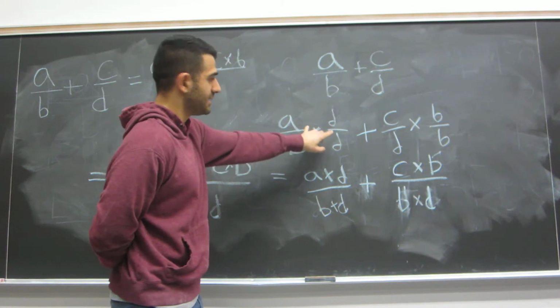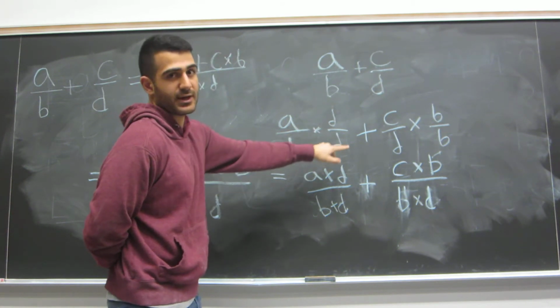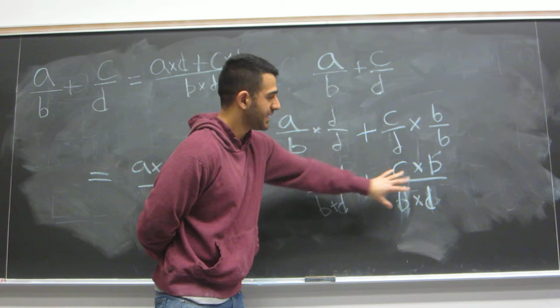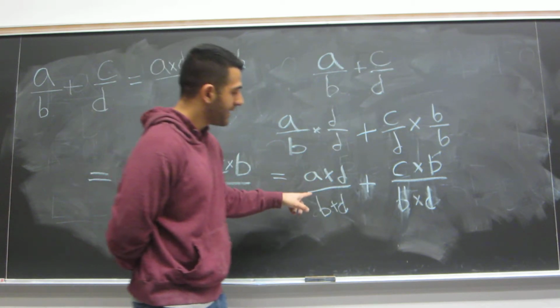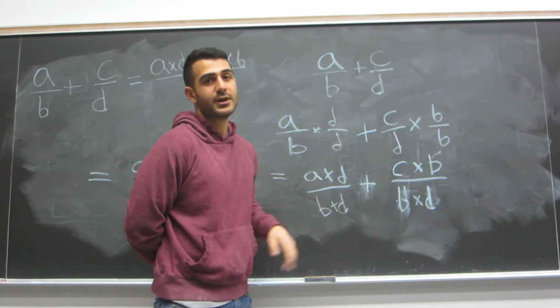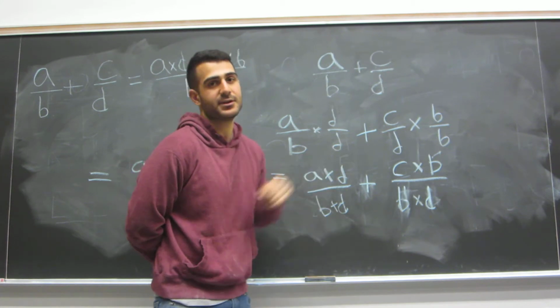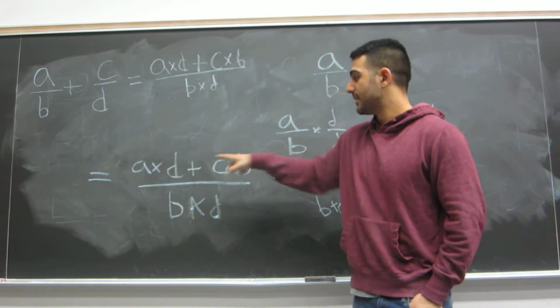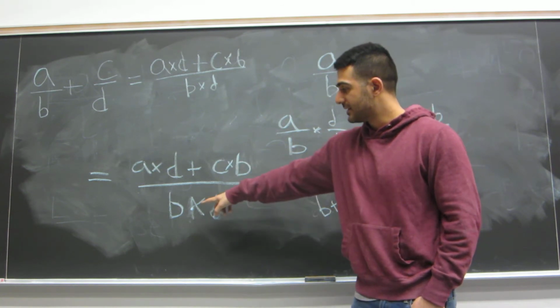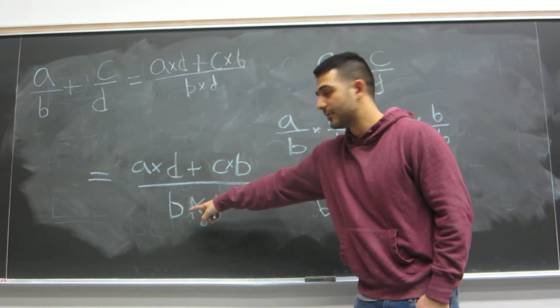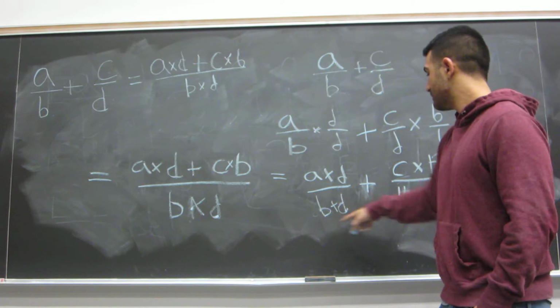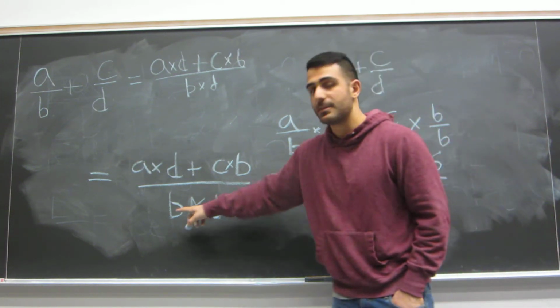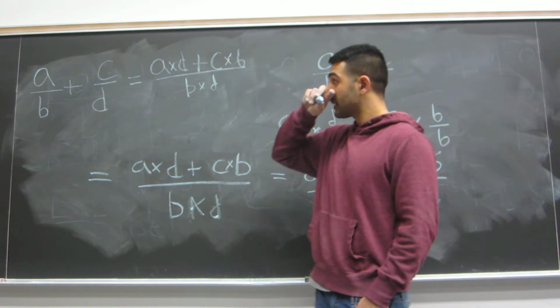Then we just did that multiplication, because we know how to multiply fractions. So we get this result. Then we know that if we have the same denominator for two fractions, all we have to do is add the numerators. So we did that. We have a times d plus c times b, and in the denominator, since the denominators are the same, that would be b times d.